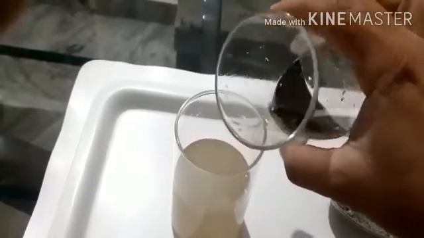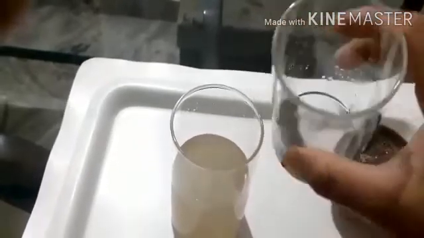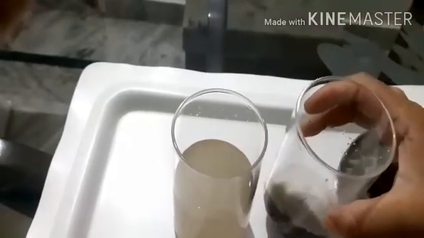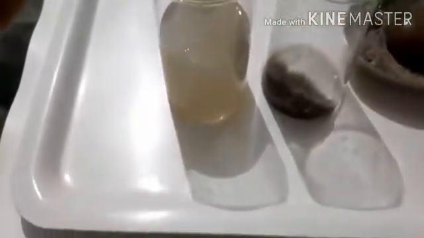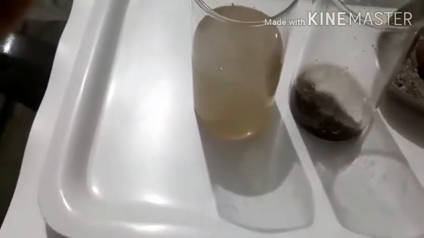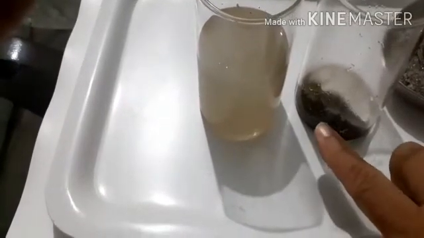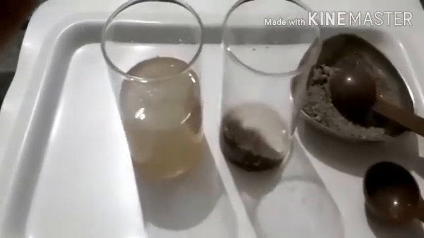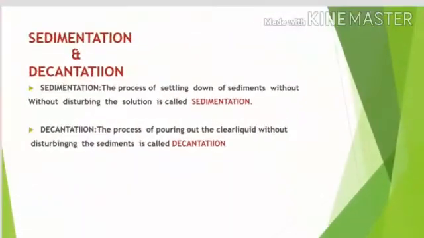Now we poured out all the liquid part and the solid part is left behind in the tumbler. So this is the method of sedimentation and decantation, to separate out the components of a mixture in which the solid does not dissolve in the liquid.